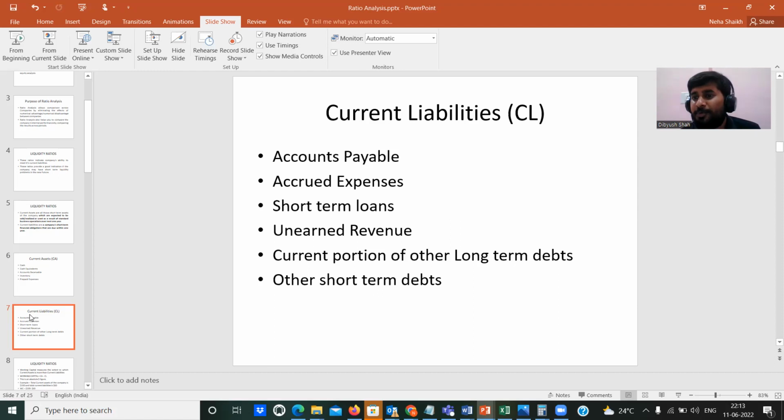Unearned revenue. What is unearned revenue? The revenue for which cash has been received, but it is not yet earned. Suppose I am a landlord. I was actually a tenant, but let's assume I am a landlord for the example.